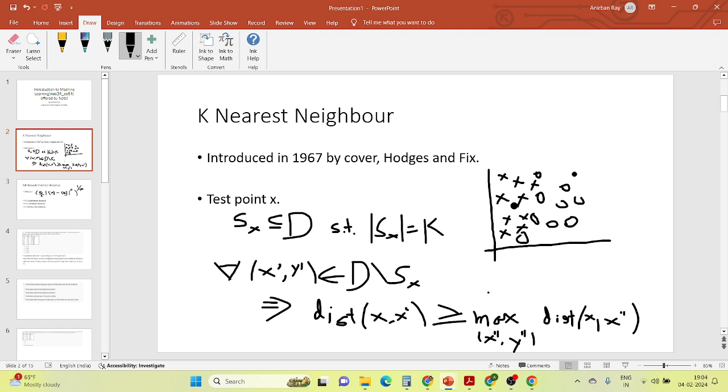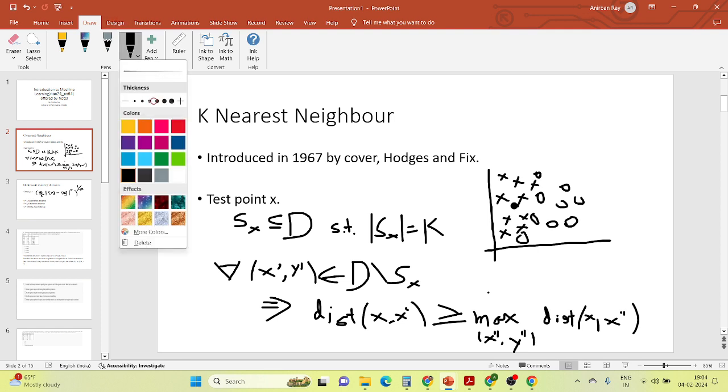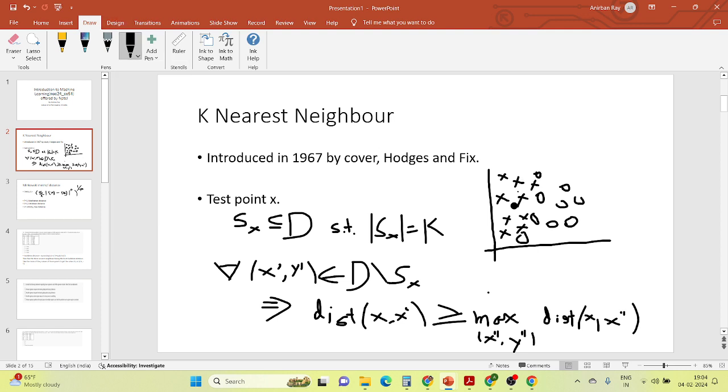Suppose our k is 3. What we do here is we take the nearest 3 points and ask each one of these, are you a cross or are you a zero? They all say I'm a cross, I'm a cross, I'm a cross. So 3, it is definitely a cross.